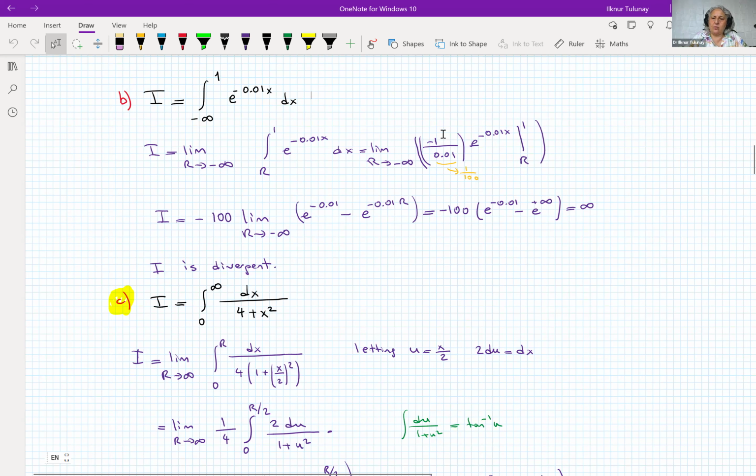Minus 1 divided by 0.01 will be just 1 over 100, so there's a negative here. Negative 100 appears here. Then when x is equal to r, r goes to minus infinity, this will be plus infinity. E to the infinity is just infinite and swallows everything out, and that will be infinite. That means that this integral is a divergent integral.